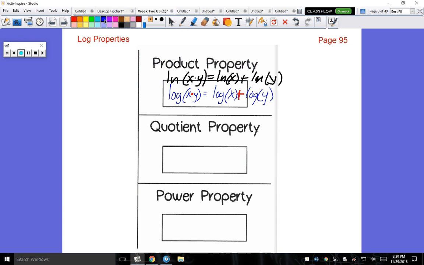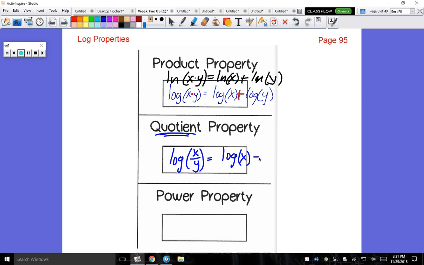The quotient is log of x divided by y, because that's what quotient means, quotient is dividing, is equal to log of x, what? What do you think? Minus. If people make a mistake, you help me out for bonus points. What would they write next?